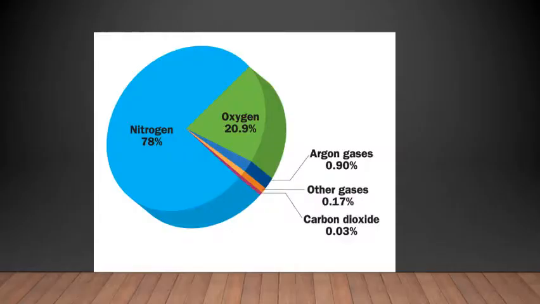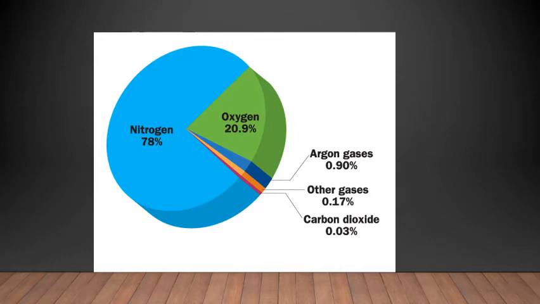Now, here in the graph, you can see that if you consider the whole circle to be air, 78% of the whole circle is nitrogen, then 21%, 20.9% rounded off to 21%, is oxygen, then carbon dioxide is 0.04% or 0.03%.